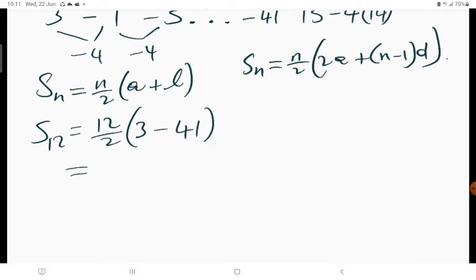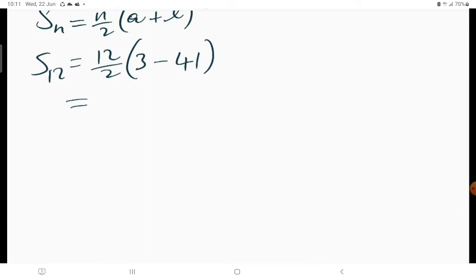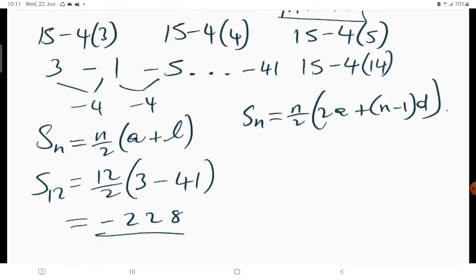Then when you press the calculator, let's see what it's going to be. Then we have 6 times 3 minus 41. Then therefore we have negative 228. So this is the sum of these terms. When you add them up, you get that.